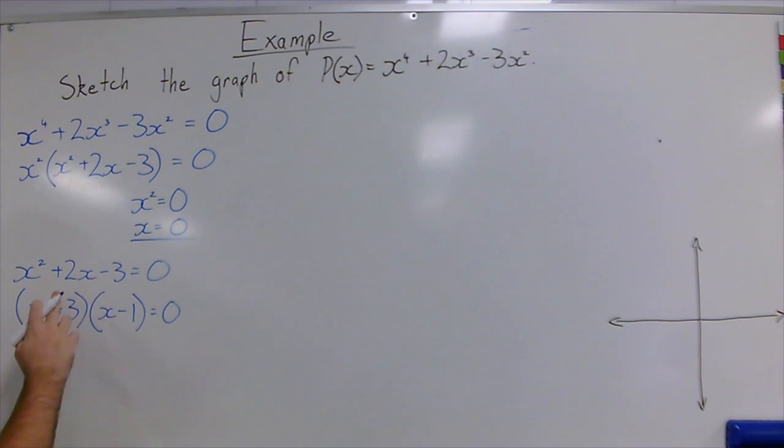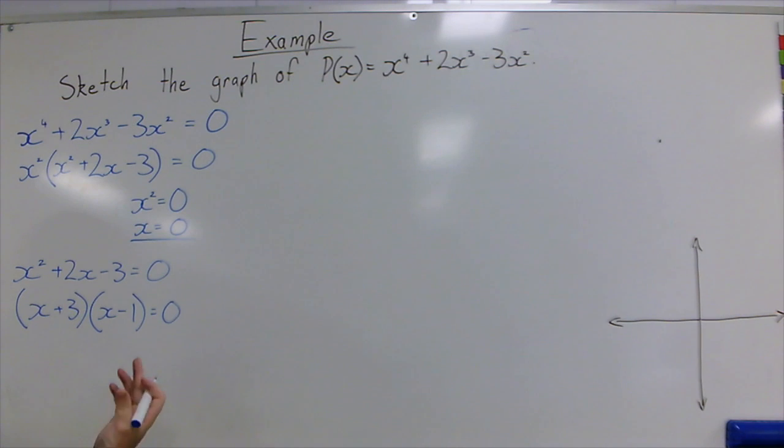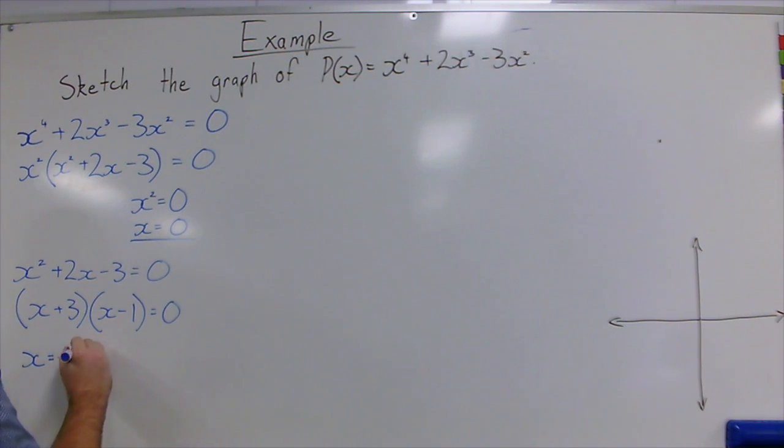You could also use the quadratic formula for that to get the two values for x, but I could see that it could easily factorize, so we just use that instead. So there we get x equals minus 3 and x equals 1. So we have our three x-intercepts for this function.